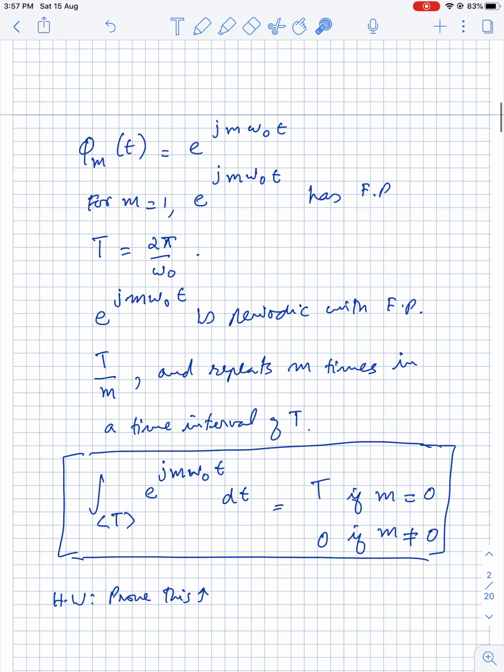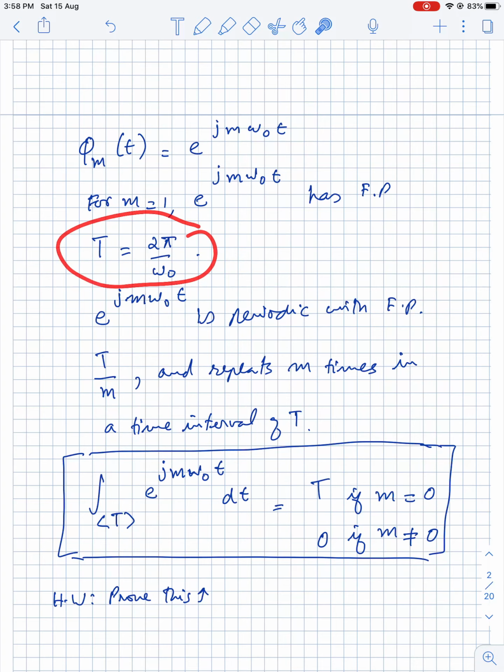Then we saw the set of harmonically related complex exponentials, which had the form phi m of t, which is e raised to j m omega naught t. When m is equal to 1, we have e raised to j omega naught t, and this we say is the fundamental, and this particular signal in this set where m is equal to 1 has the fundamental period T, which is equal to 2 pi by omega naught.